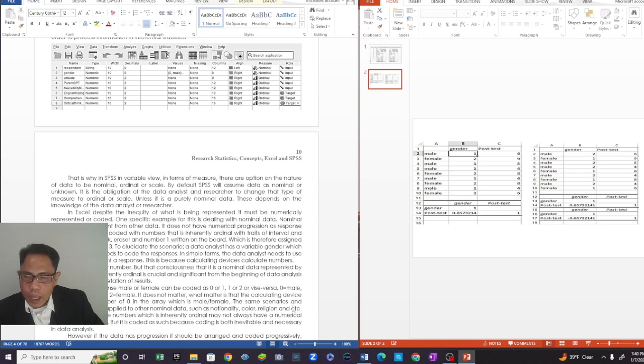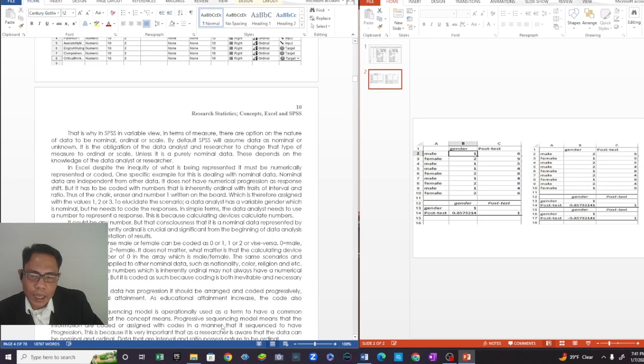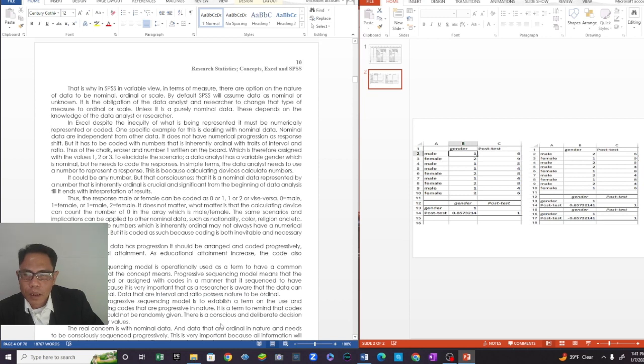The same scenario and implication can be applied with nominal data, such as nationality, color, religion, etc. Thus, codes, which are numbers that are inherently ordinal, may not always have a numerical or ordinal implication, but are coded as such because coding is both inevitable and necessary in data analysis.